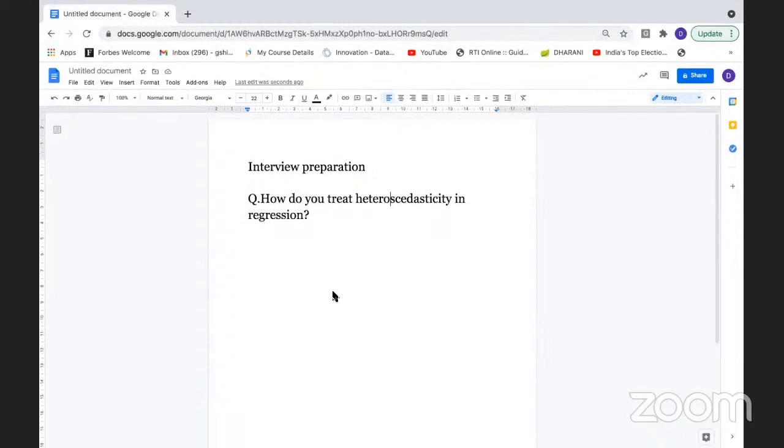When we say constant variance, if you do a plot, it could be something like this. A person with this X and a person with this X. See the variance here.